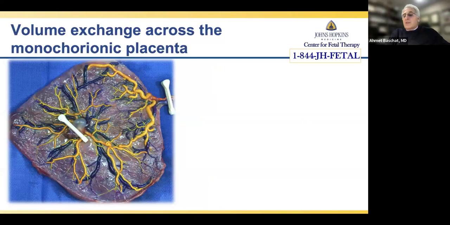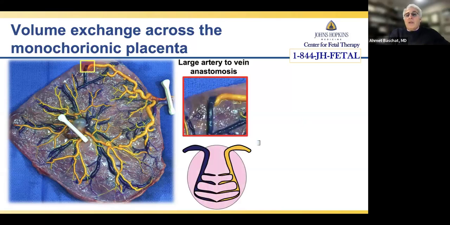These connections can give rise to different clinical pictures. Large artery-to-vein anastomoses typically have deep connections in a cotyledon, and they predispose to ultrafiltration of volume from one twin to the other.